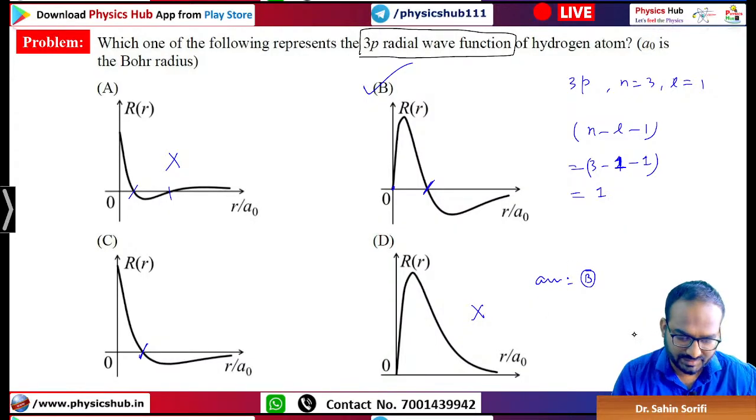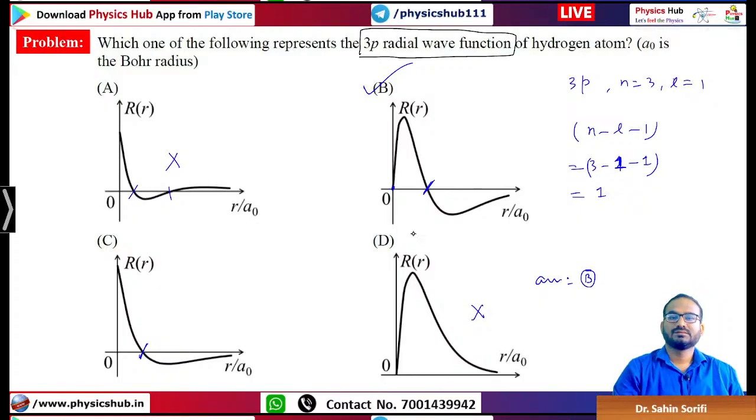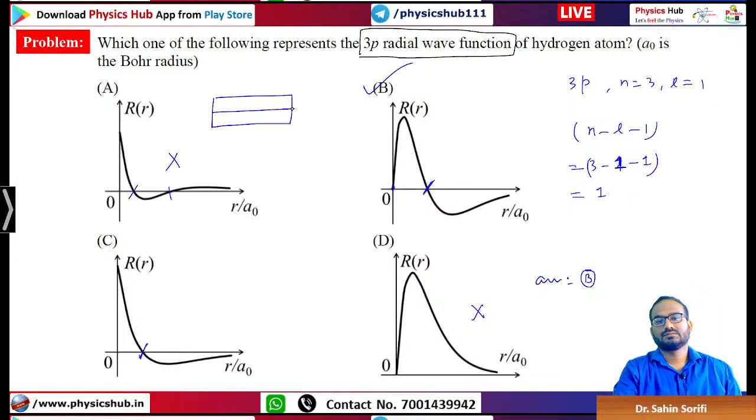Why are we taking l equals 1? Because l equals 0, 1, 2, 3. 0 corresponds to s, 1 corresponds to p, 2 corresponds to d, 3 corresponds to f.